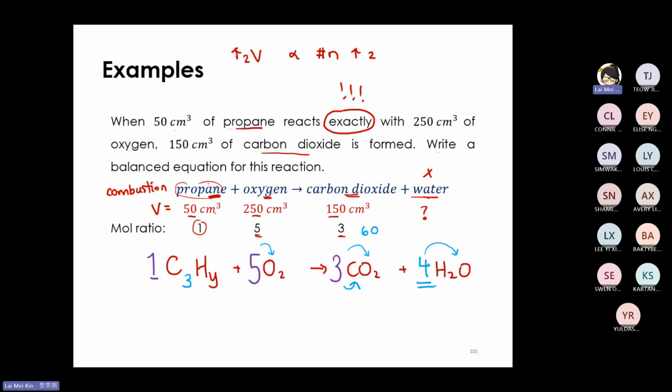And then how many hydrogen do you have? 8. Very good. So this is the deducing. First, write out the volume of the gases. Second, find their ratio: how many portions react with how many to how many. And then you slowly build out what your X and Y are.